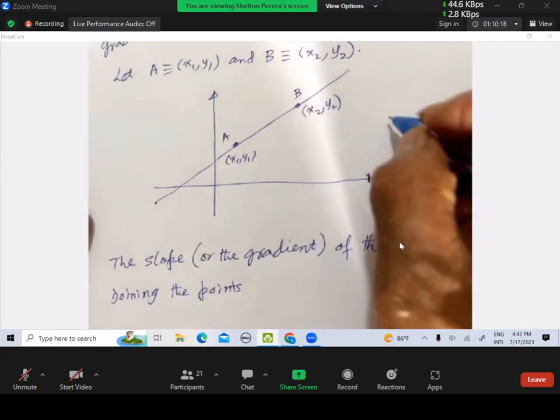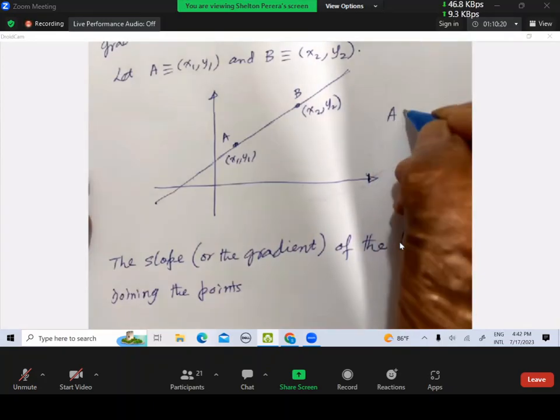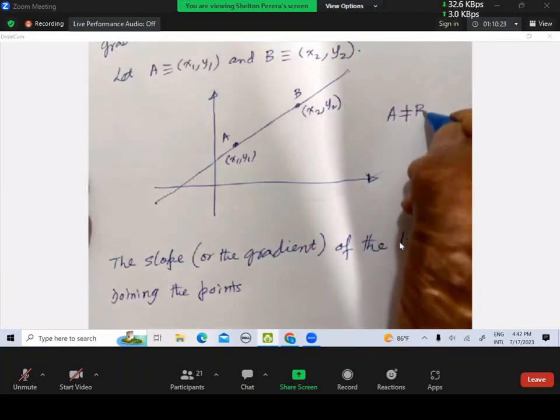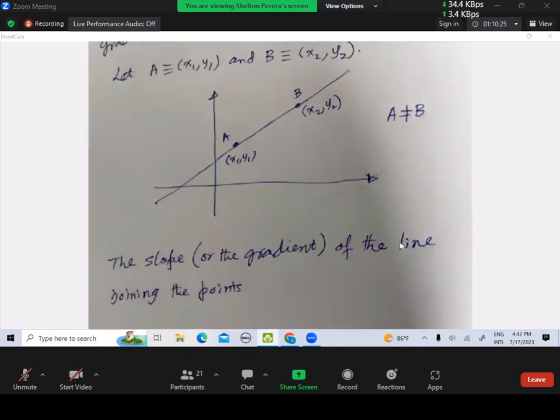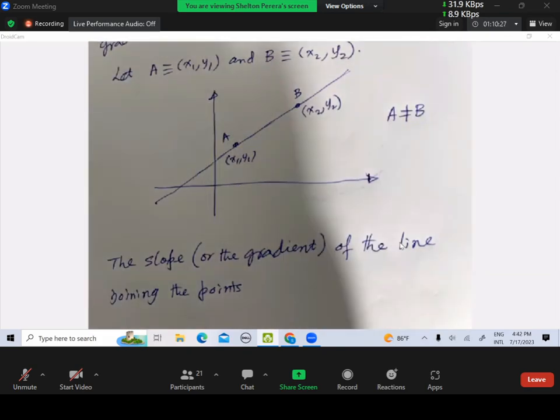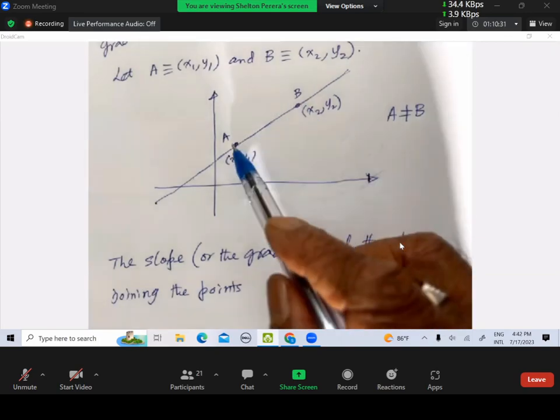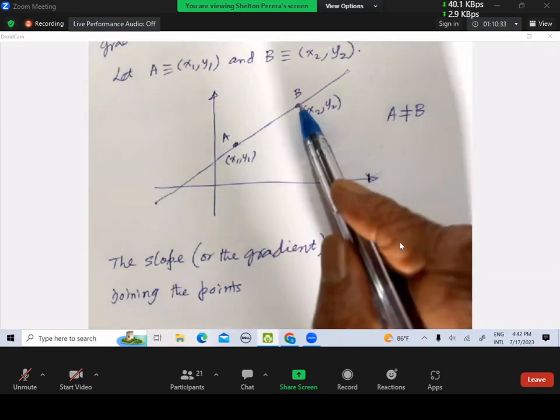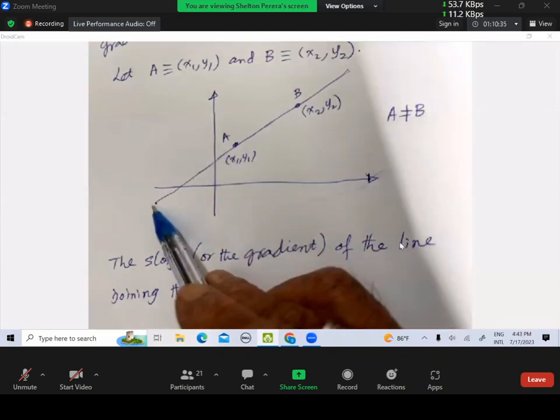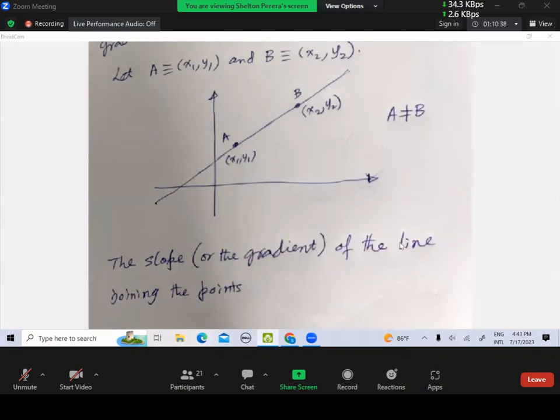Here we are taking A and B to be 2 distinct points, meaning A is not equal to B. Why is that important? If A is not equal to B, they are 2 different points, then there exists a unique straight line. You can draw one and only one straight line through those 2 points.